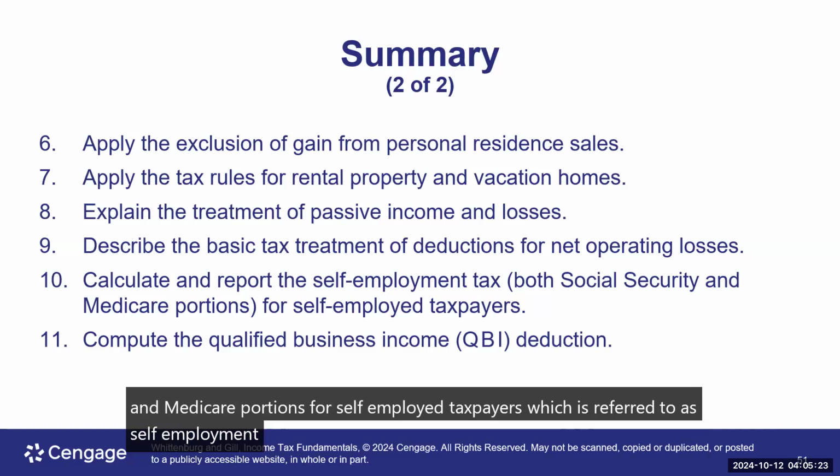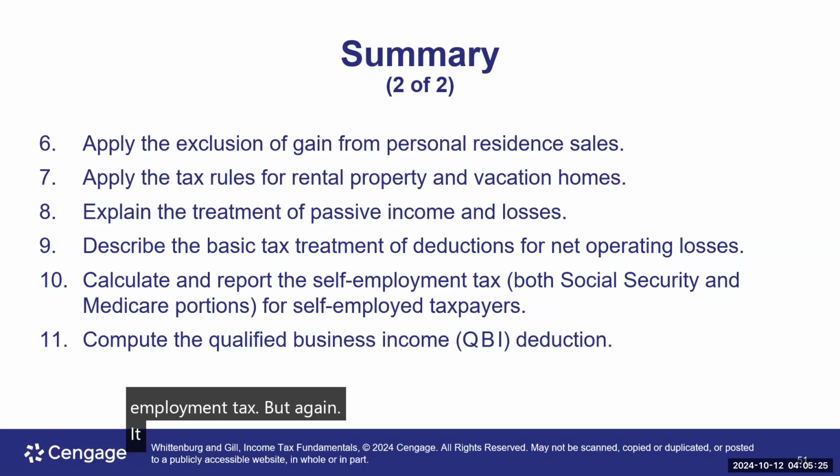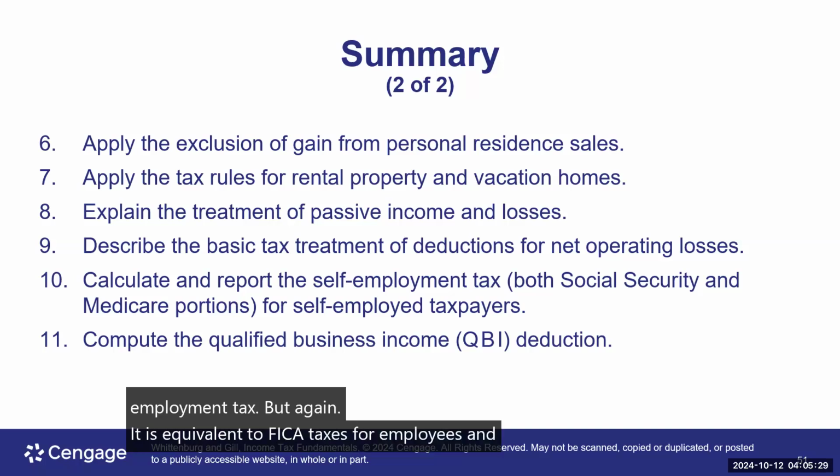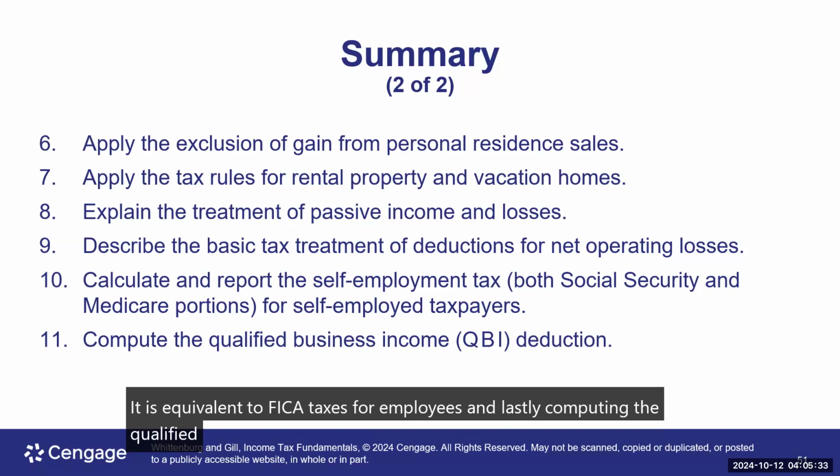But again, it is equivalent to FICA taxes for employees. And lastly, computing the qualified business income QBI deduction.